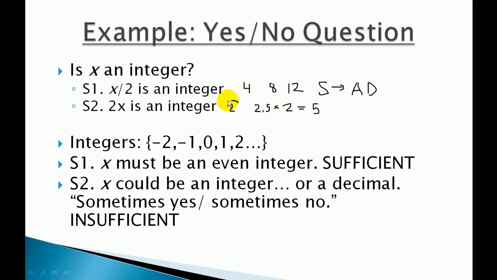So x itself could either be 2, or it could be a value like 2.5. And so when you ask the question, is x an integer, the result you get is sometimes yes, sometimes no. So therefore, statement 2 is insufficient to answer the question, and the correct answer choice will be A.